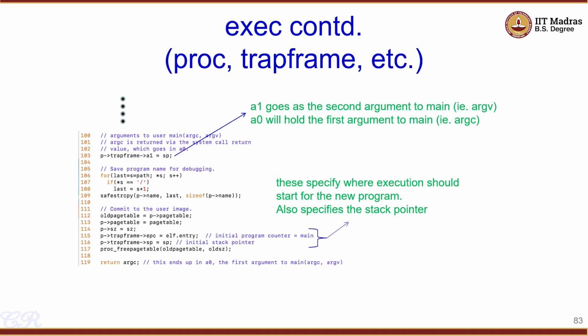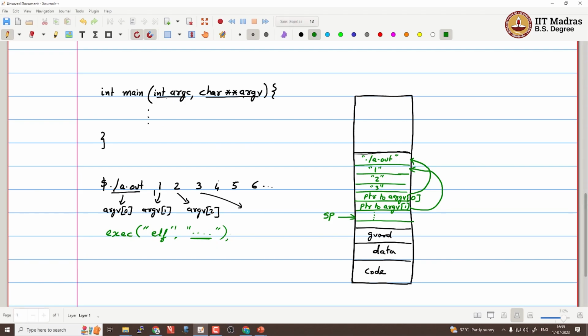The last part is that we need to set up a few things which are in the trapframe, in the proc structure, and also the parameters to the main function before we can actually complete, right? So one thing to remember is that when we have a function main, right, in RISC-V, the first parameter, as we have discussed, would be passed through the register A0.